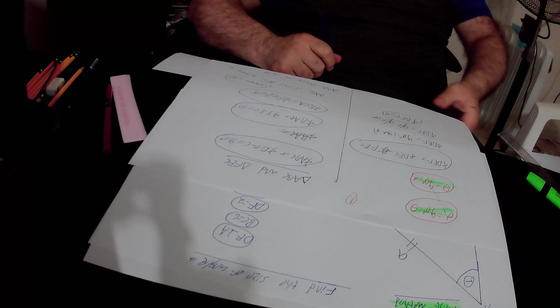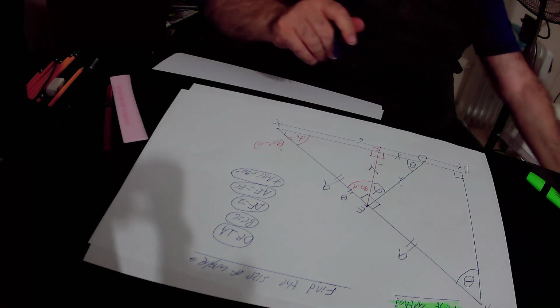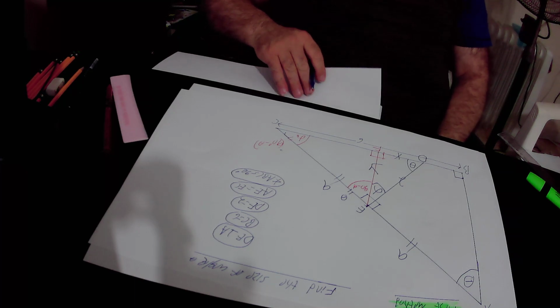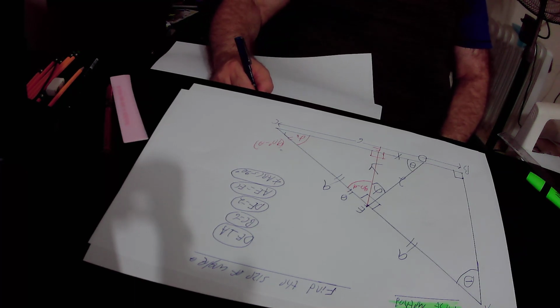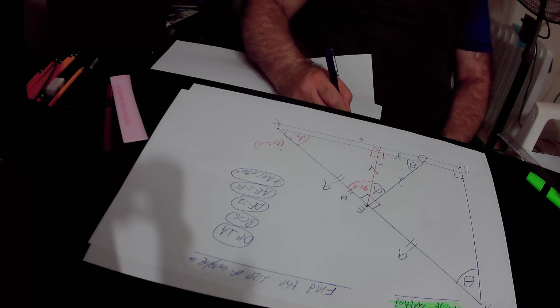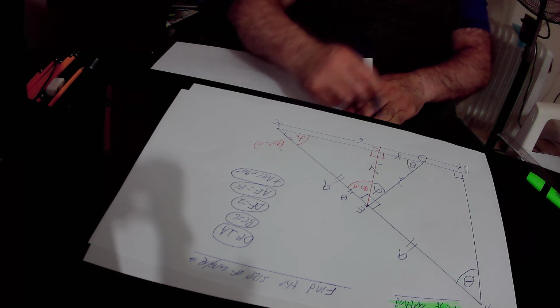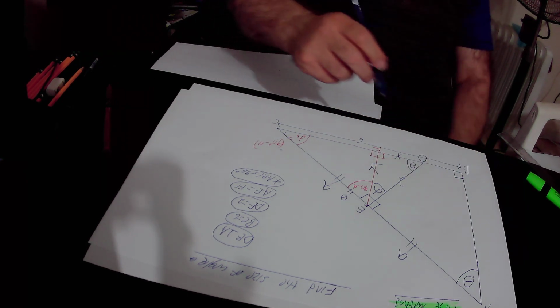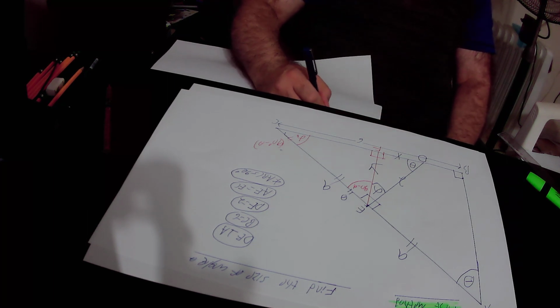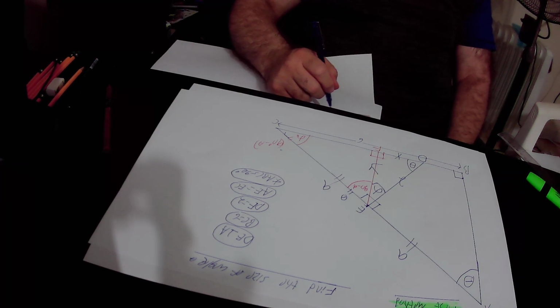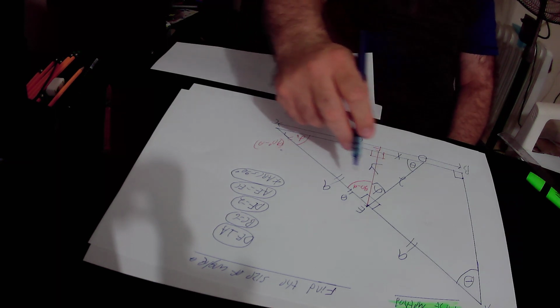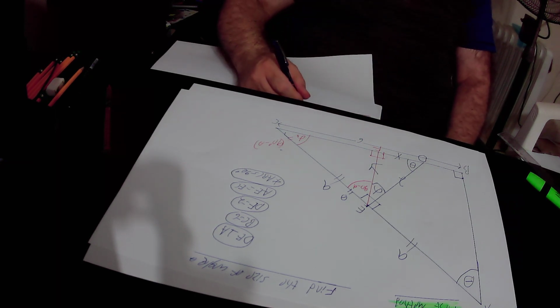Okay? And from the fact that those two right triangles are similar to each other, we will conclude from it that AB over AC in the right triangle ABC is equal to FE over EC in the right triangle FEC.